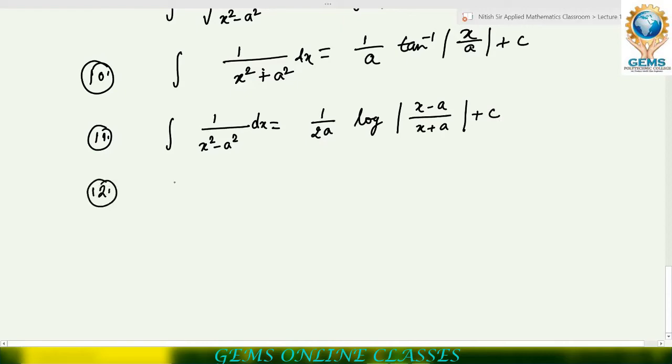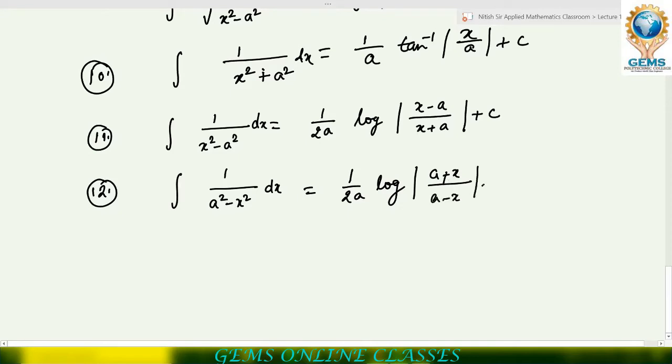Next is integration of 1 upon a square minus x square dx equal to 1 upon 2a log (a plus x) upon (a minus x) plus c.